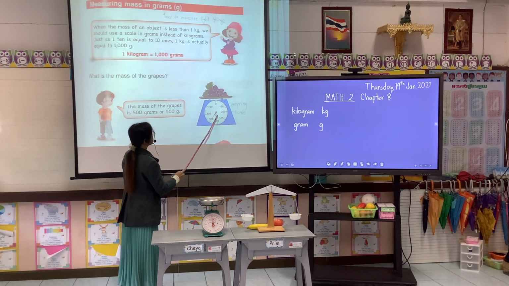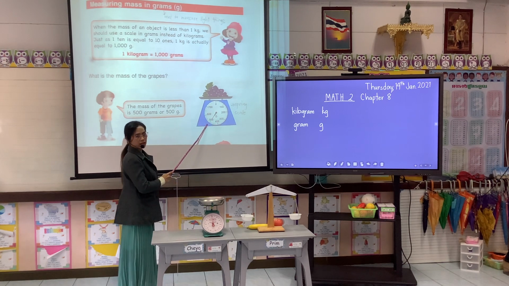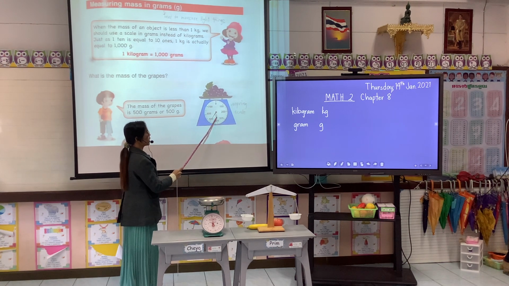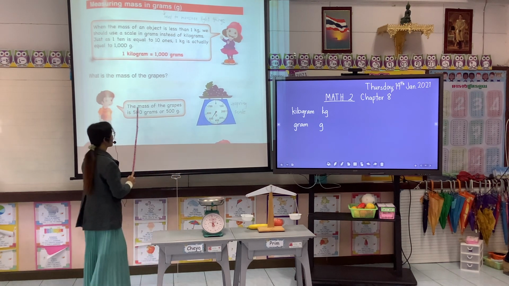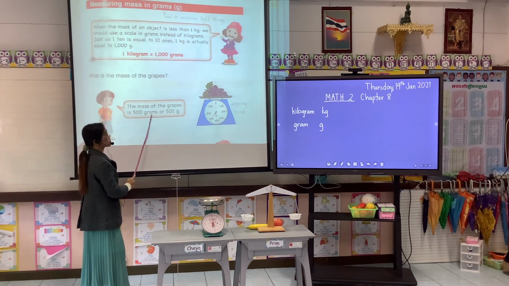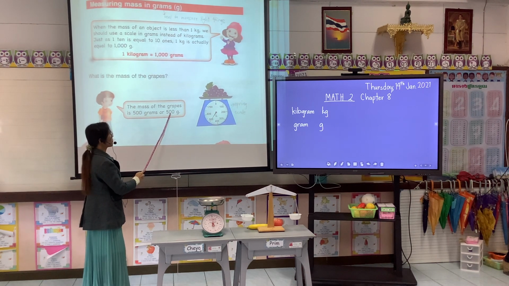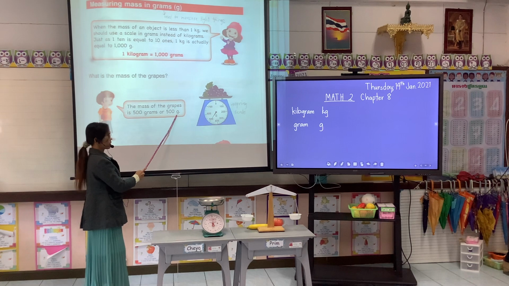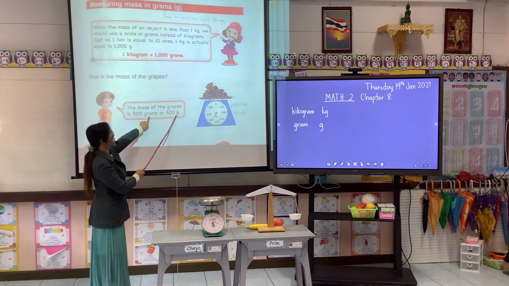The pointer is pointing at 500. Our unit is gram. So the mass of the grapes is 500 grams or 500 g.